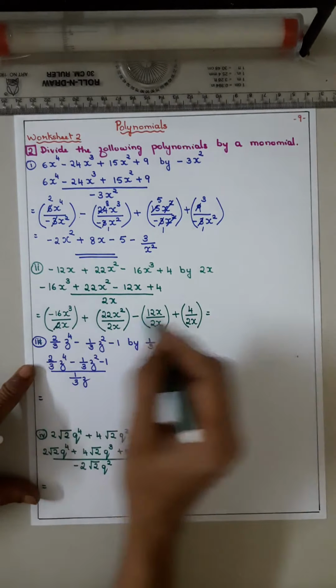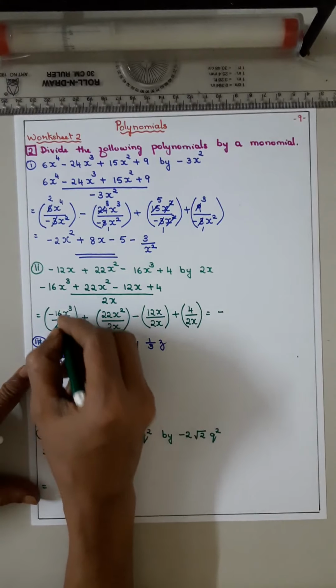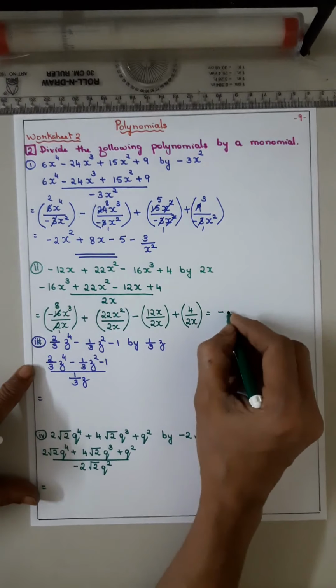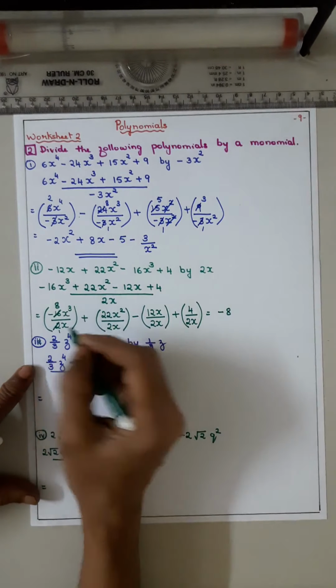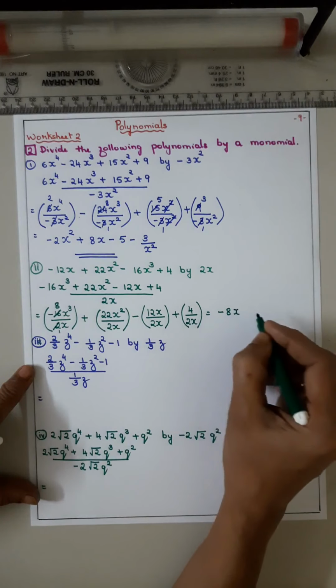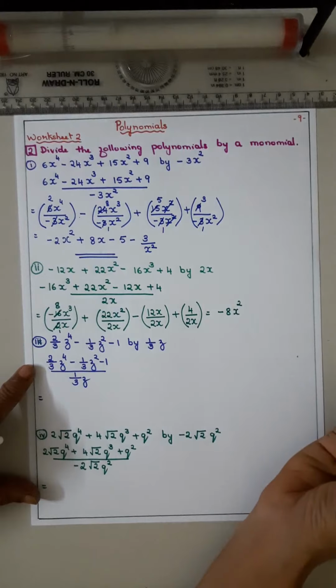First sign, this is minus. 2 ones are 2, 8s are... right, minus 8, x cube upon x, 3 minus 1 is 2, x squared.